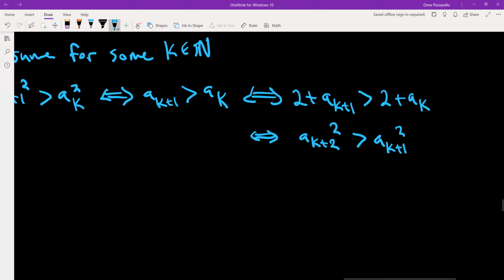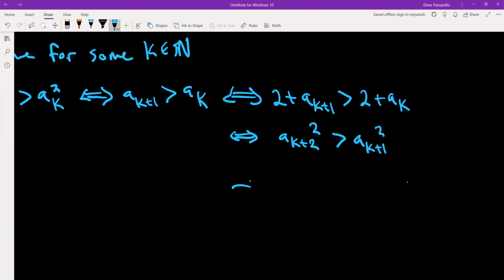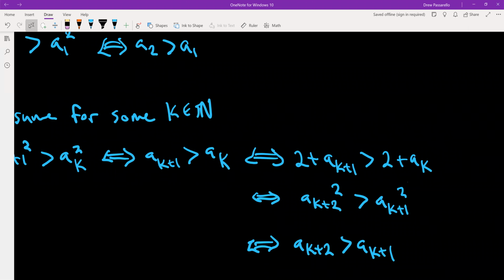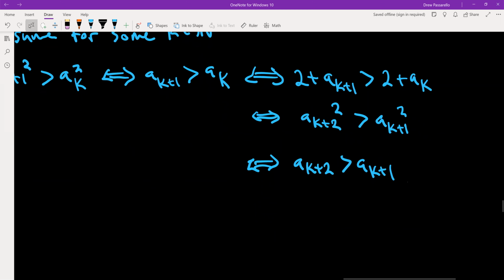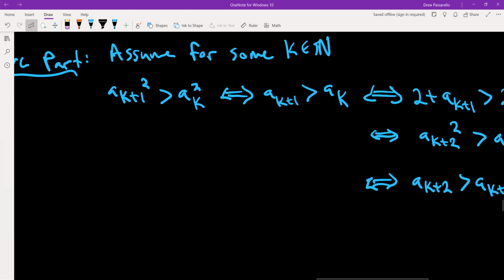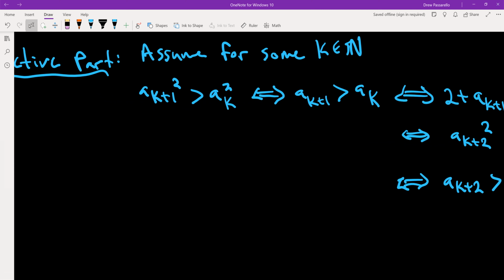All right, and then if that's true, again, we can do an if and only if. That means a(k+2) is greater than a(k+1). All right, so now we've shown for all n. Our inductive hypothesis was using a(k+1) squared greater than ak squared, if and only if a(k+1) is greater than ak.